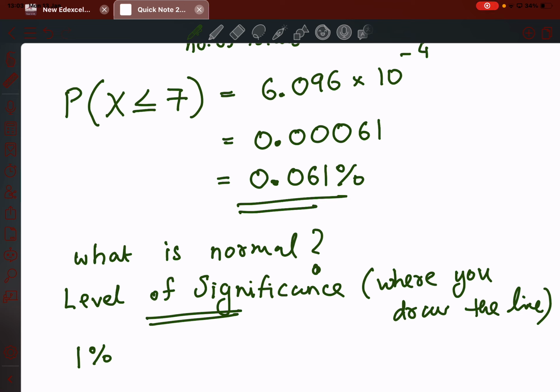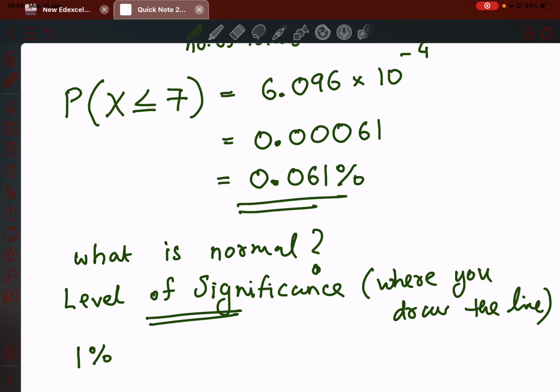So that means if the answer was more than 1%, we're going to say, okay, well, that's based on you. You're saying 1% is normal. So if the answer that you got was more than 1%, then Mr. Thomas may be saying the truth.